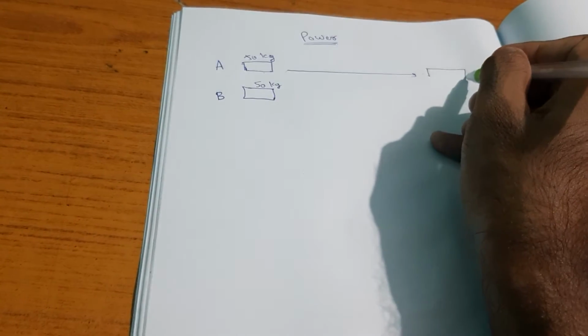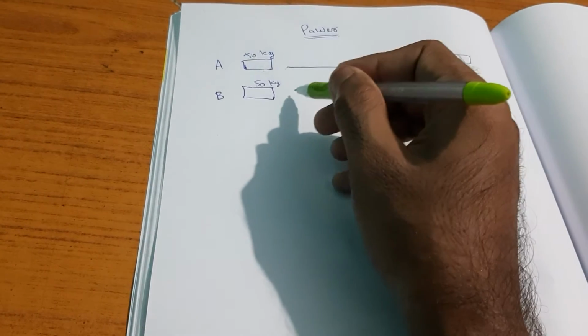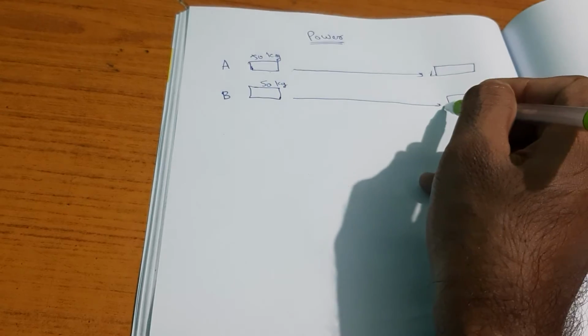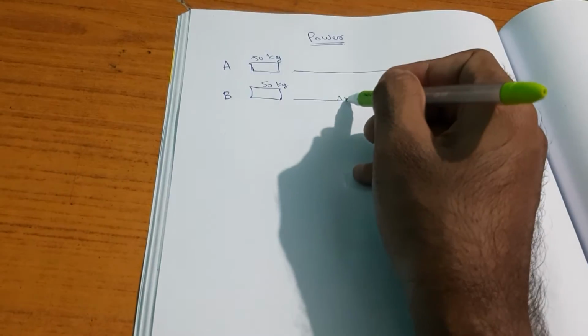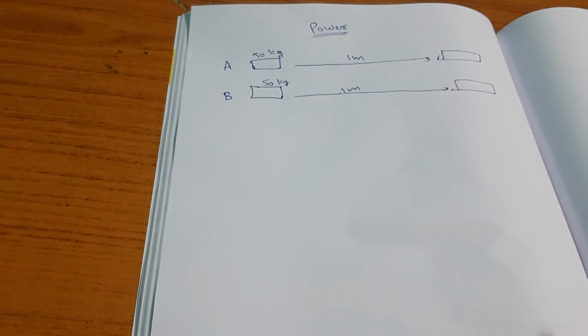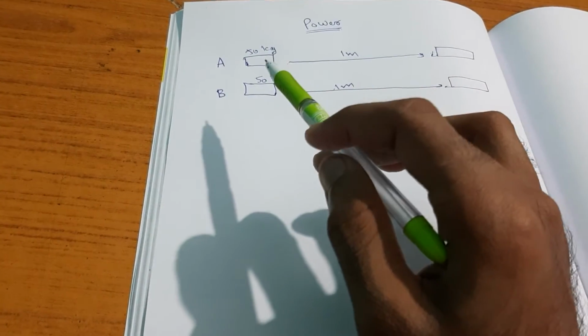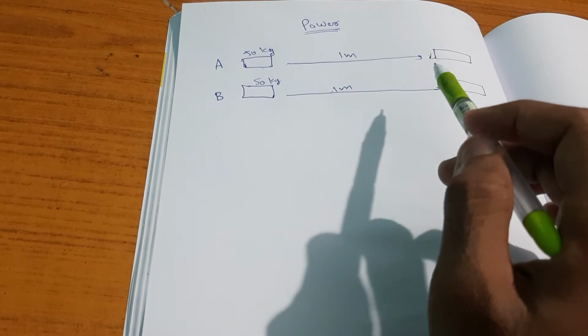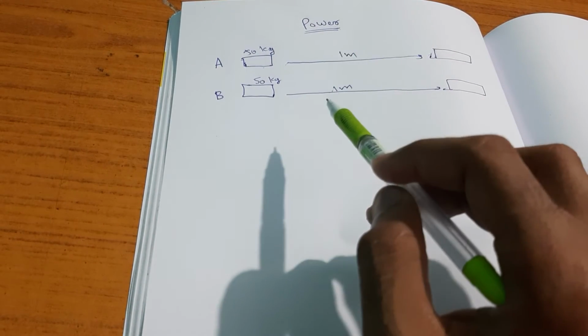So after pushing, the final position of the box is going to be here, and this distance is 1 meter. Person A applies force and pushes the box of 50 kg and displaces it 1 meter, which means he has done some work.